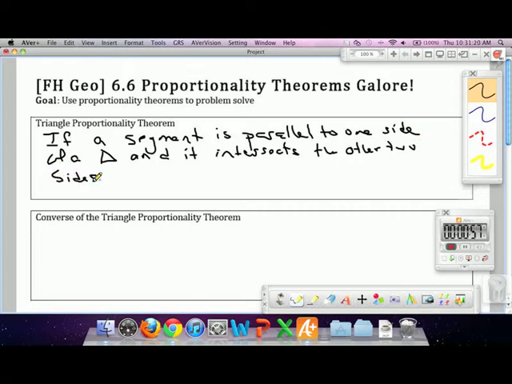So we're going to start with this setup. So we have a segment that's parallel to one side of a triangle and it intersects the other two sides.